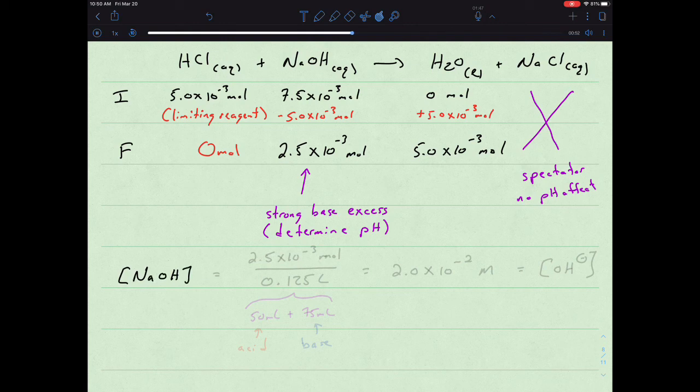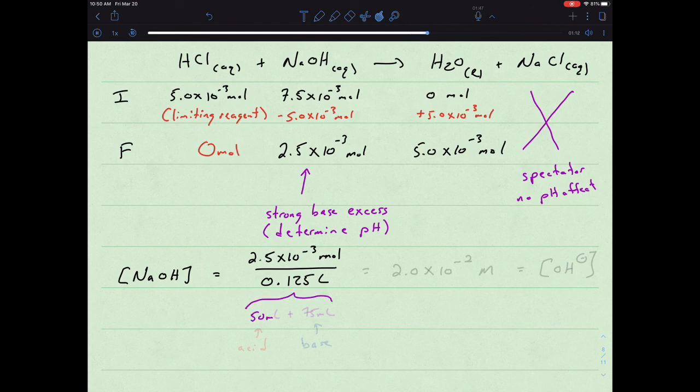So we can calculate that sodium hydroxide excess by now taking that mole value from above and dividing it now by 0.125 liters or 125 milliliters.